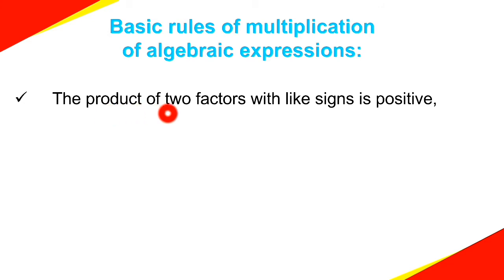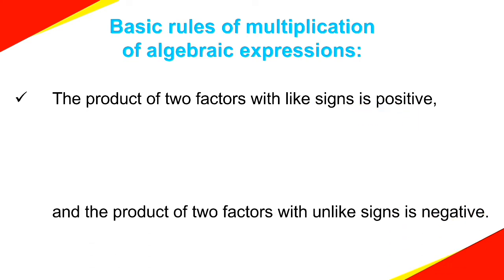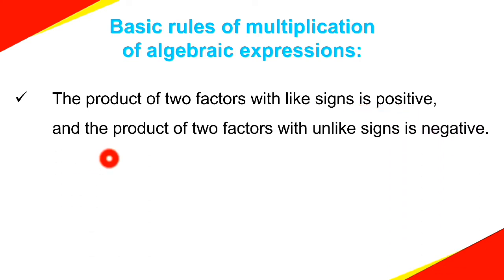The product of two factors with like signs is positive, and the product of two factors with unlike signs is negative.